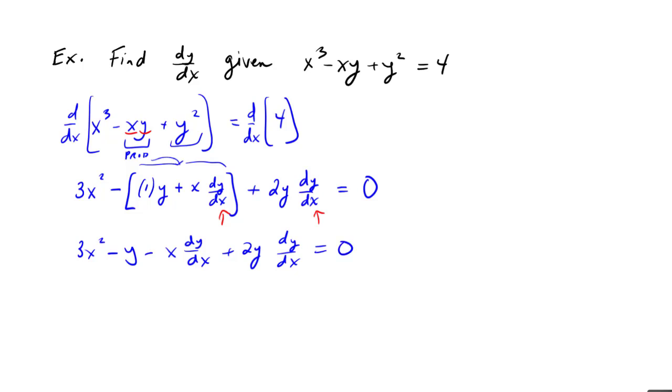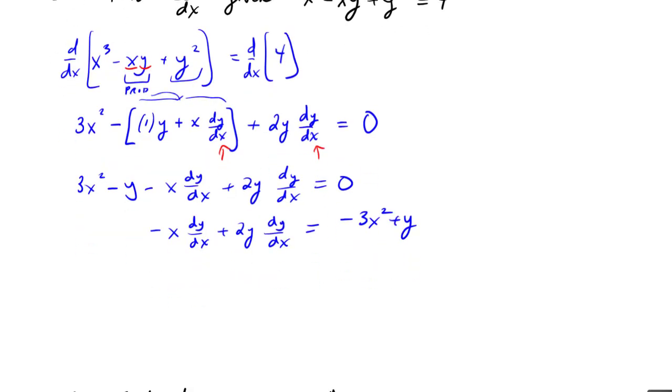So I'll leave the dy/dx terms over here, minus x dy/dx plus 2y dy/dx, and then I'll move the other non-dy/dx terms to the other side. So I would get minus 3x squared plus y.